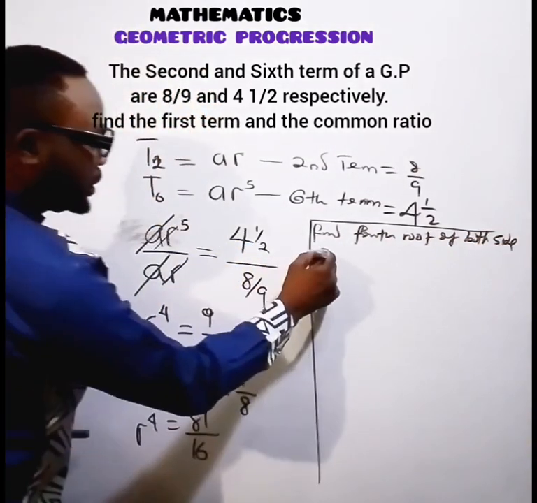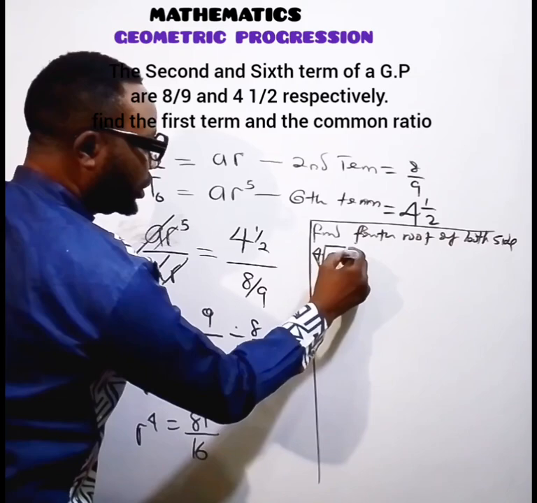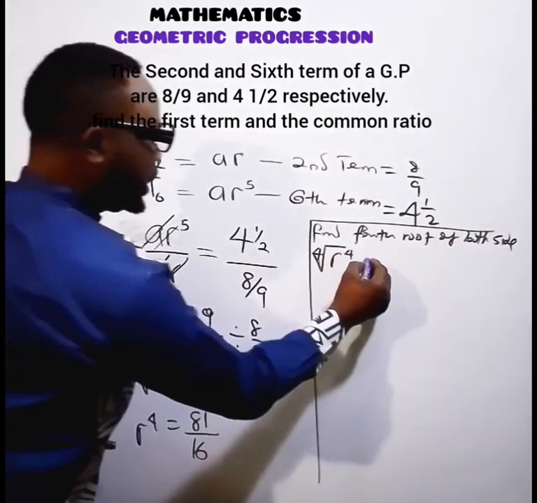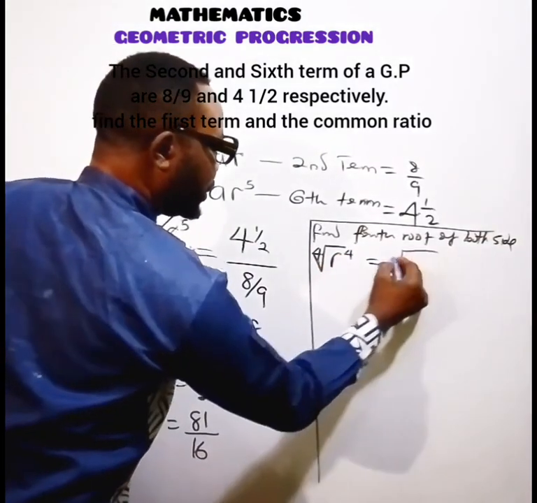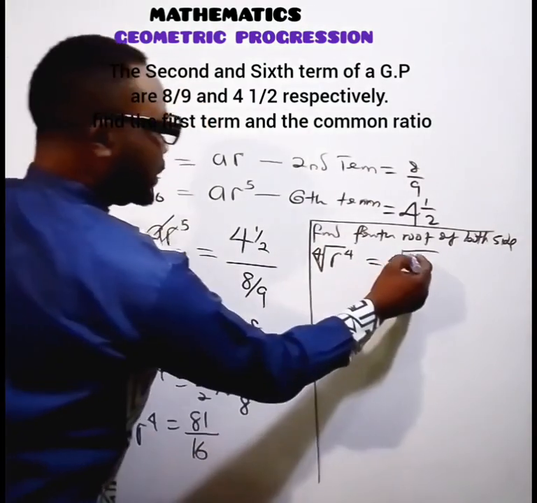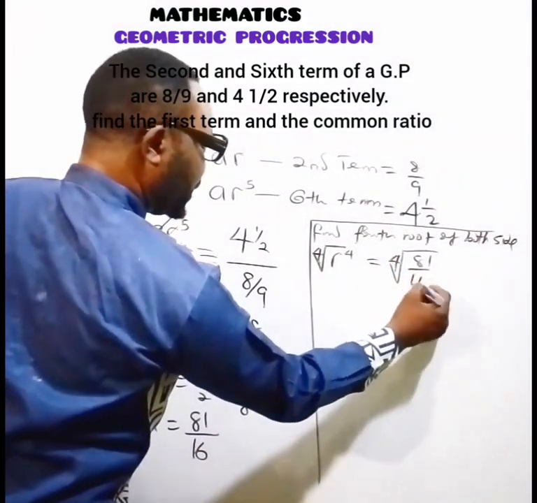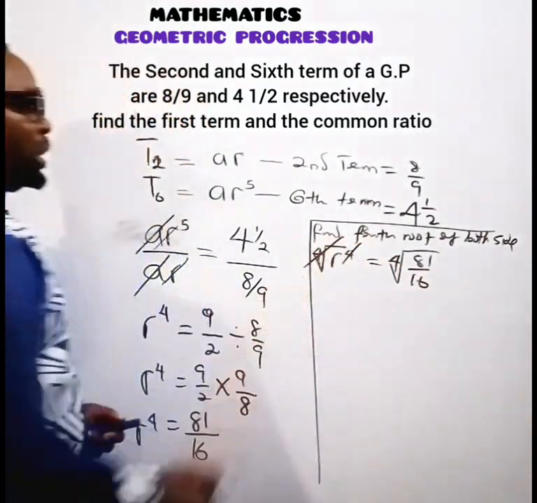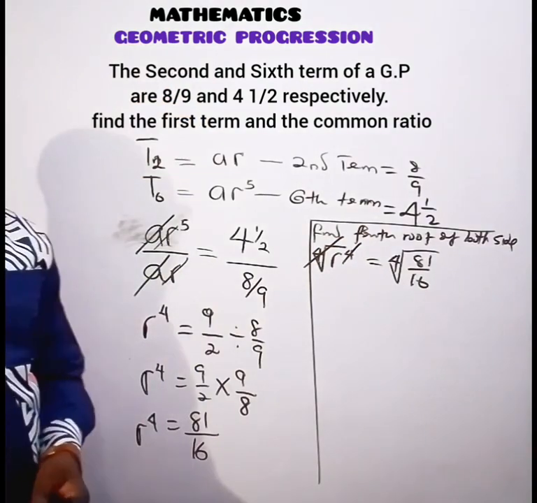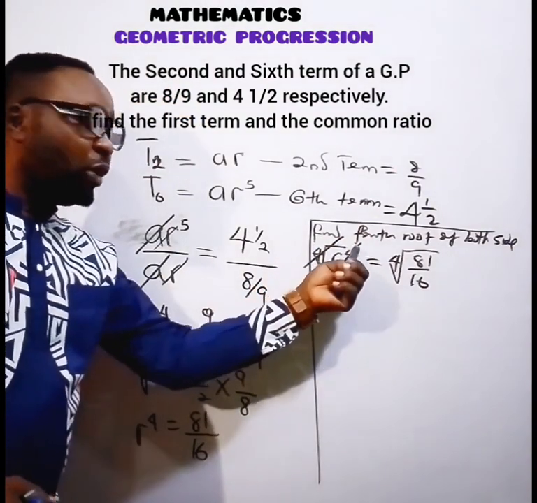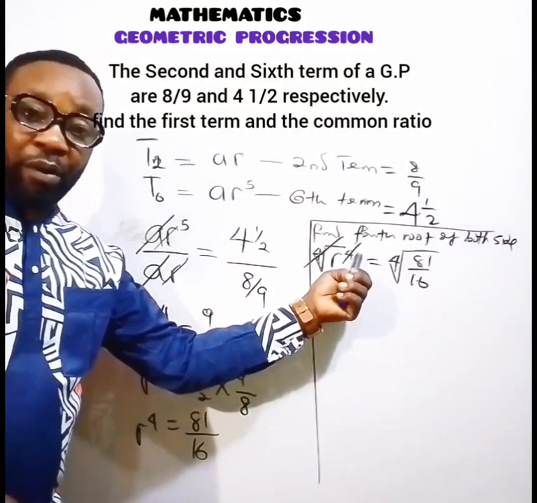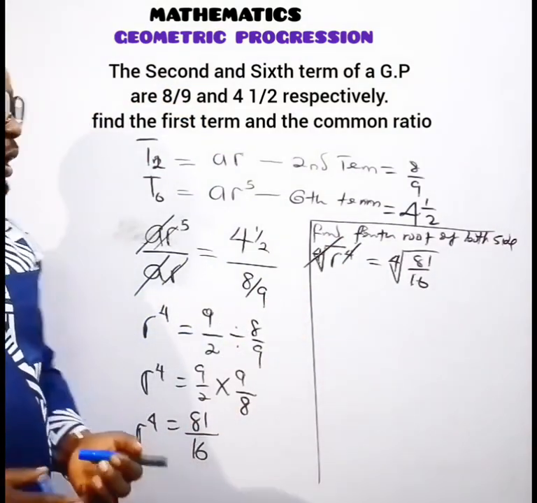That is the fourth root of R raised to the power of 4 is equal to the fourth root of 81 over 16. You know that this will cancel each other out. Anytime you have a root with the same value as the power, it will cancel one another out.